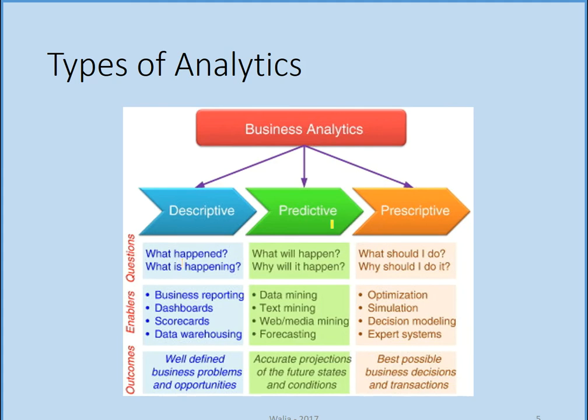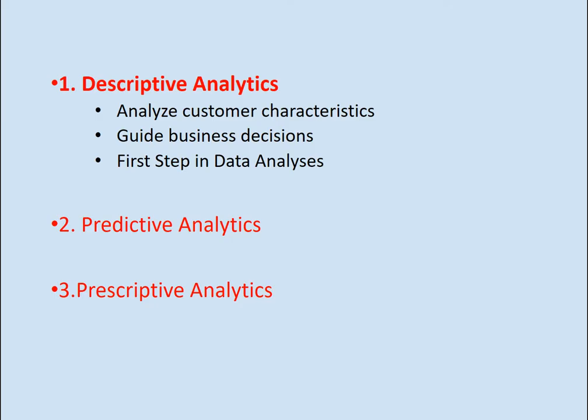Predictive, as the name implies, what will happen. And prescriptive, like getting a medicine prescribed, as the name implies, what should we do about it. And these are the tools which fall under each. Let's go ahead and look into these one by one.